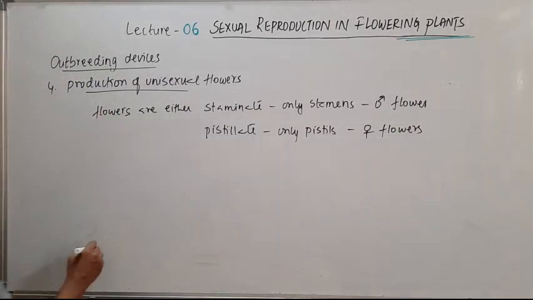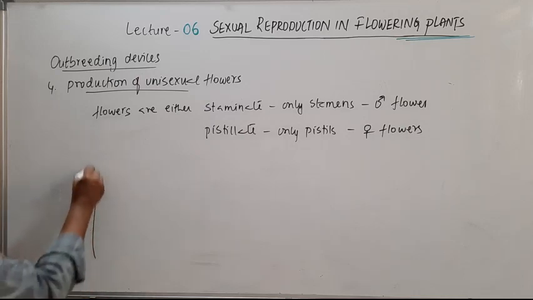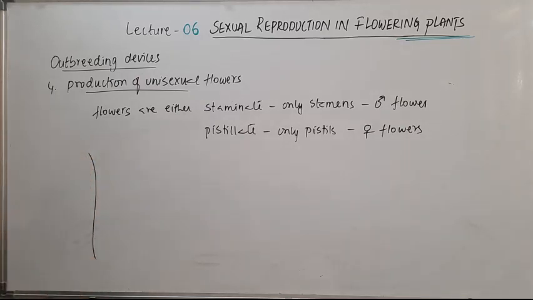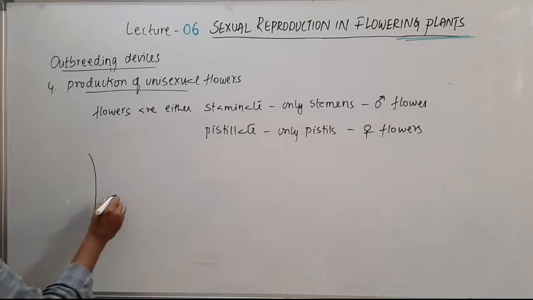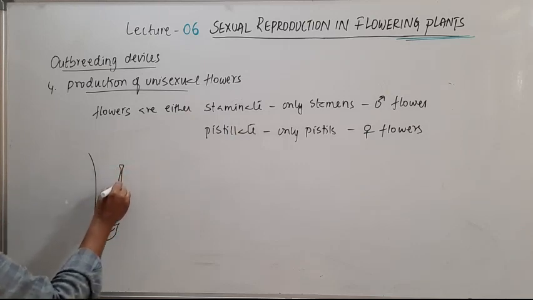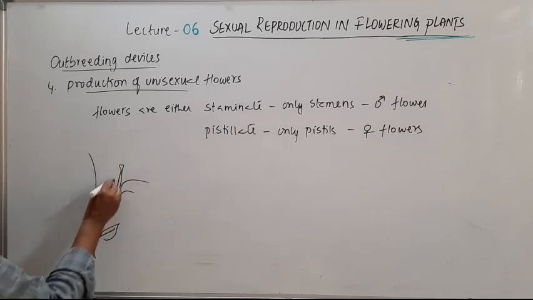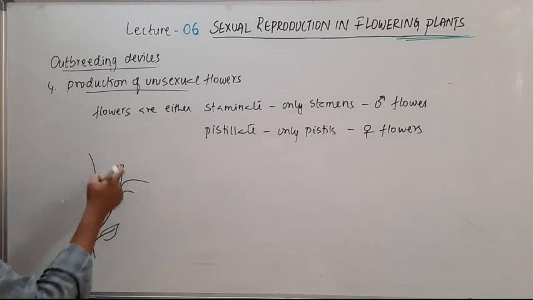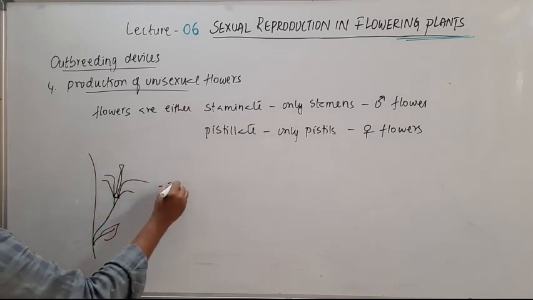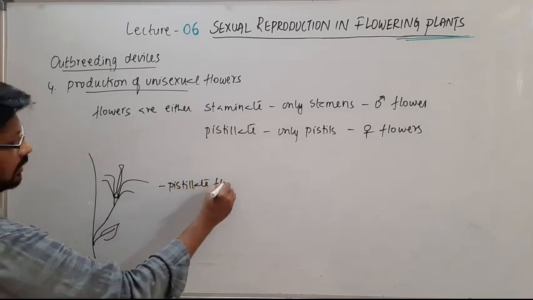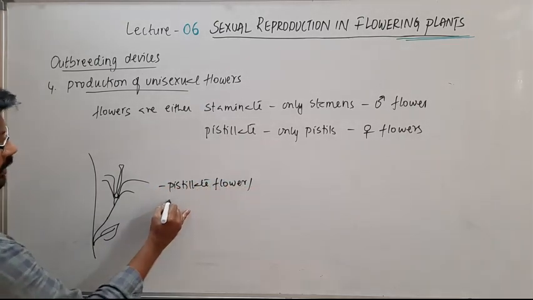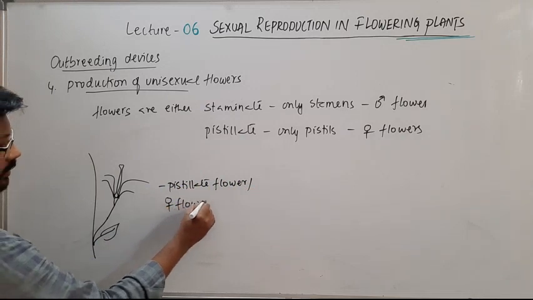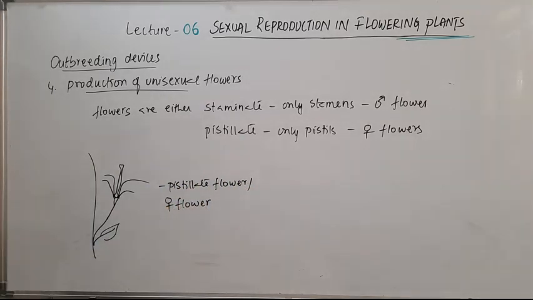Right, so let's see, here we have a plant that has both staminate and pistillate flowers. Here say this is one where only pistils are present. So this is a pistillate flower, also called the female flower.